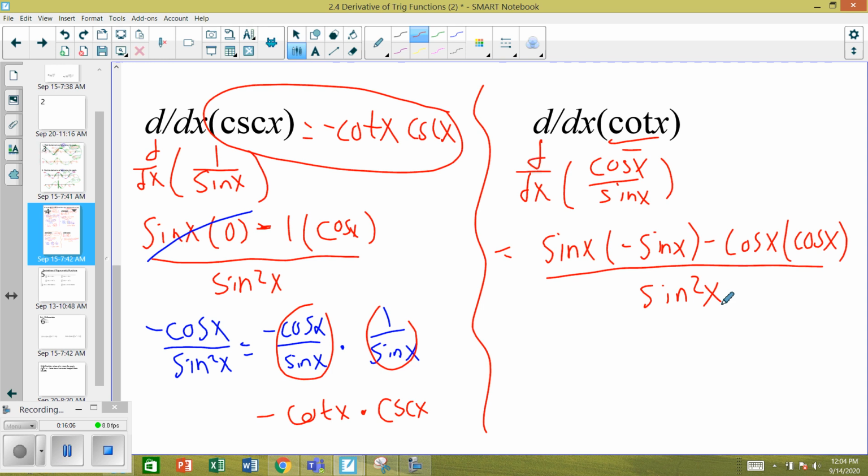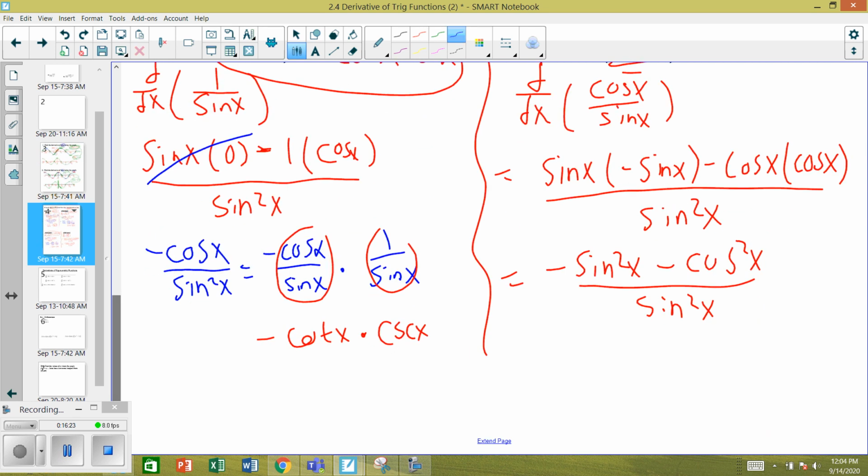All right. Now simplify the top. That's going to end up being negative sine squared x minus cosine squared x all over sine squared x. Now, what you're probably realizing and seeing in the top here is that it looks like the Pythagorean identity. But in order to do that, we have to take out that negative 1.